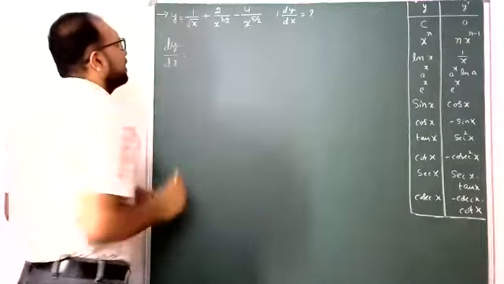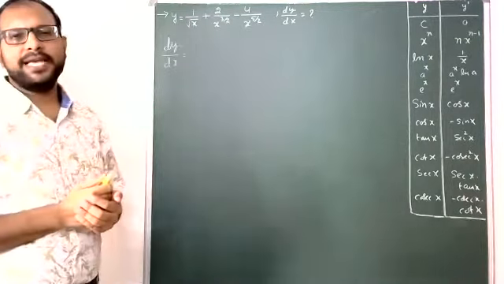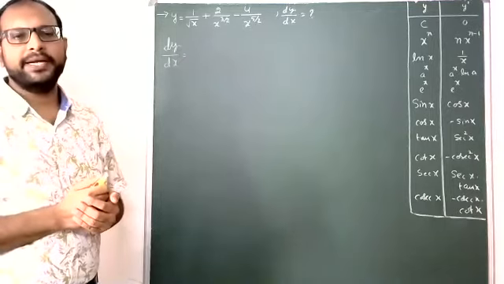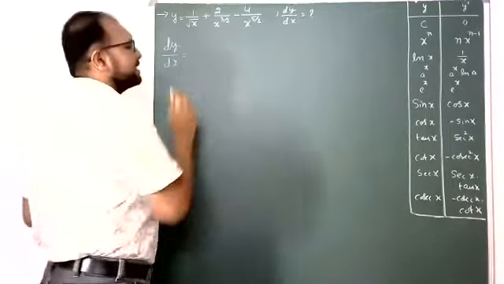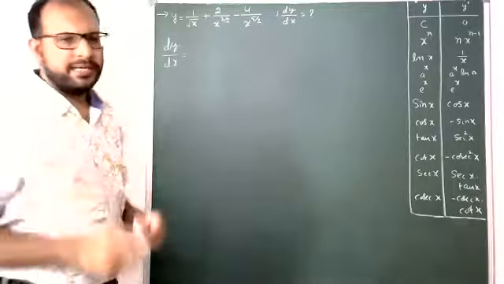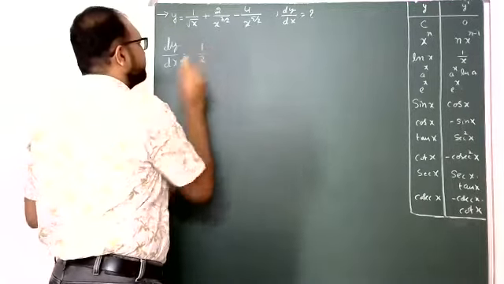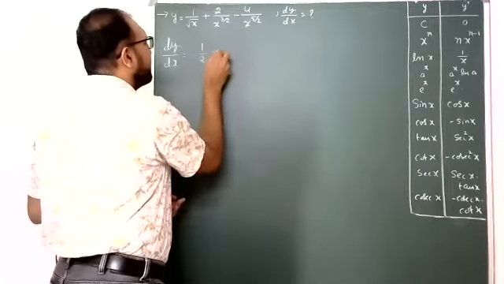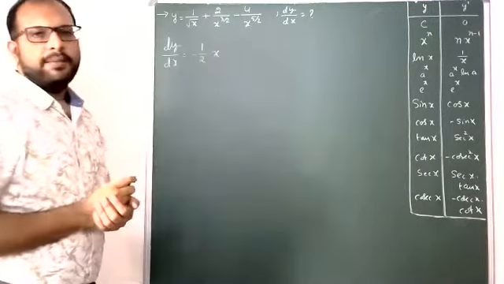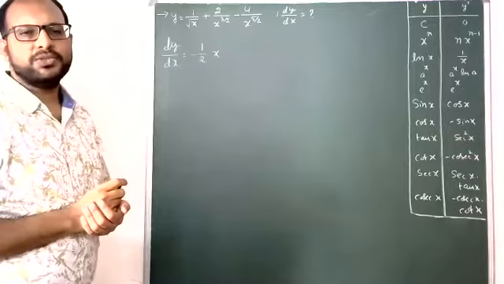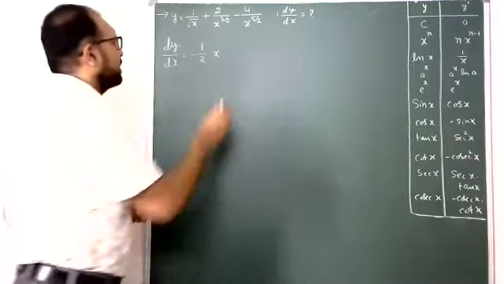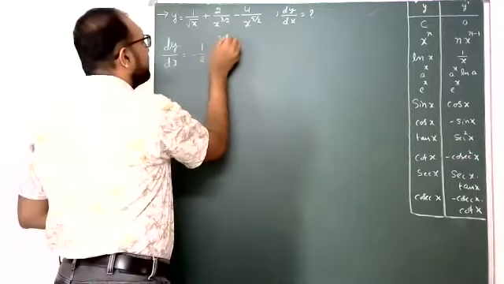First, 1 by root x means x to the power of minus 1 by 2. So this is the x to the power of n formula: minus 1 by 2 x to the power of minus 1 by 2 minus 1, meaning n minus 1, that is minus 3 by 2.